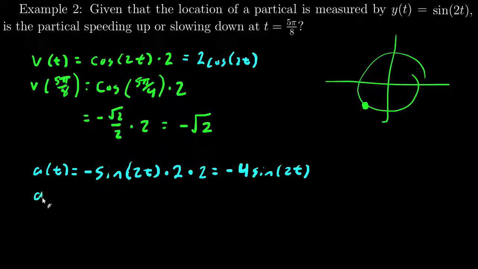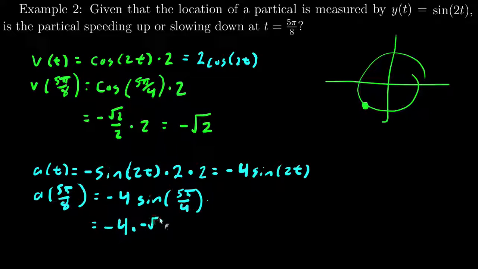And now I'm going to evaluate this acceleration at 5 pi over 8. So I have negative 4 times the sine of 2 times 5 pi over 8, which is 5 pi over 4. The sine of 5 pi over 4 is also the y value, negative root 2 over 2. So I have negative 4 times negative root 2 over 2, which is positive 2 root 2. And what this means is, let me actually write this out.